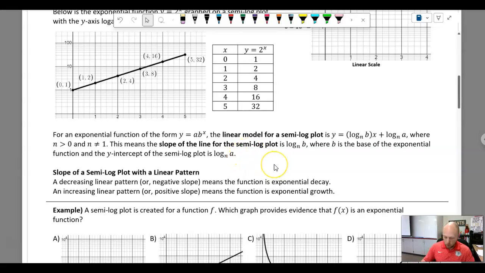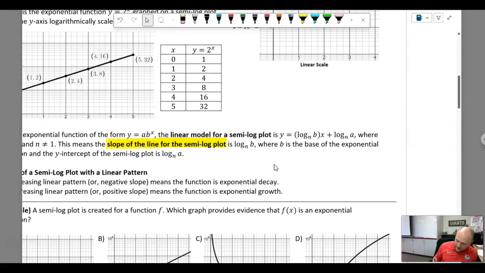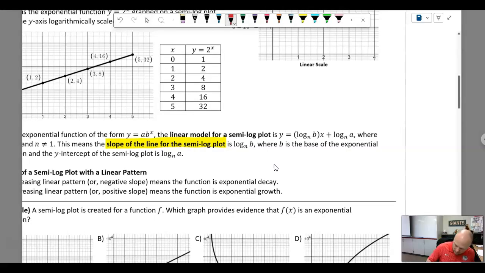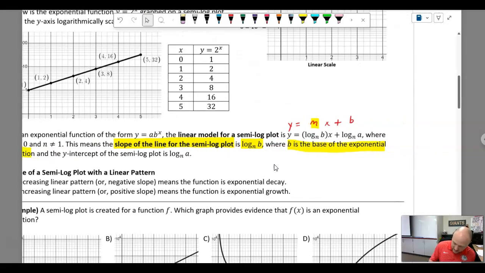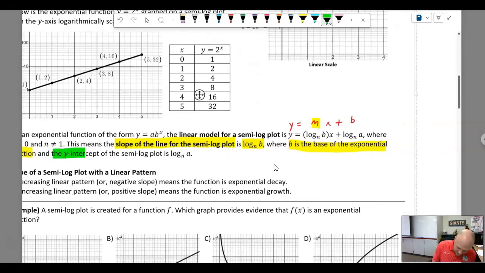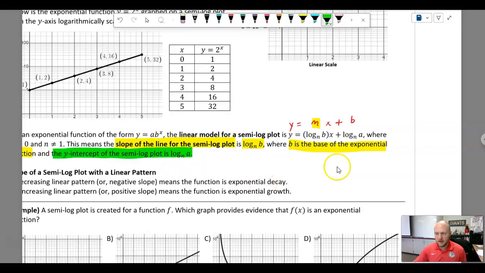This means that the slope of a line, so if I'm looking at a linear line, y equals mx plus b, our slope is going to be the log of the base, where b is the base of the exponential function, and the y-intercept of the semi-log plot will be log of the a value, okay?